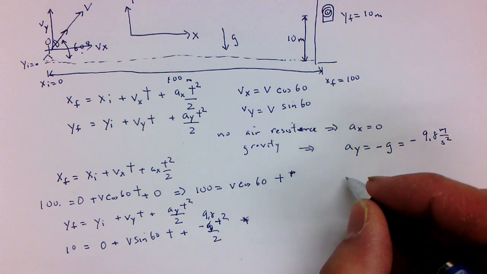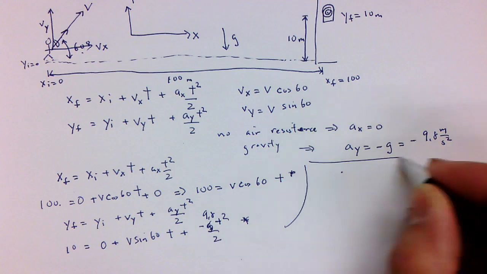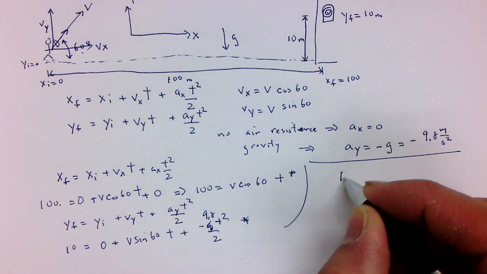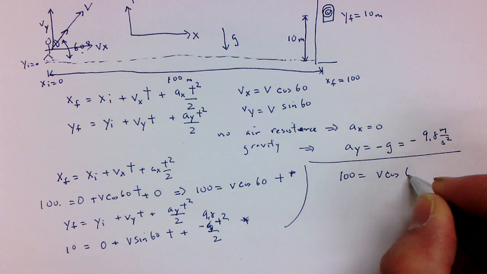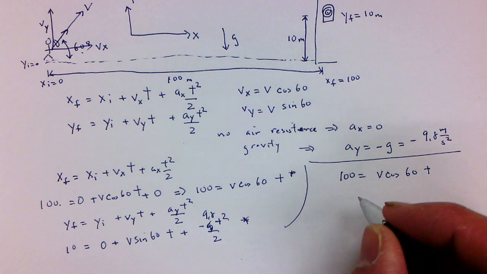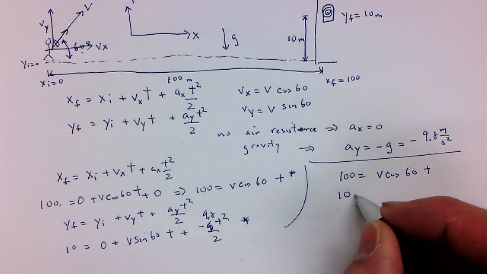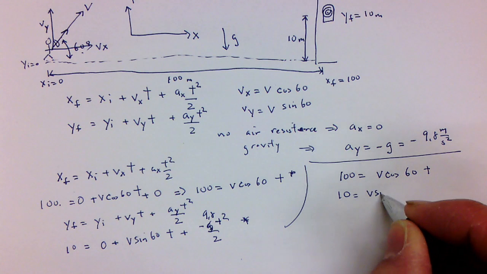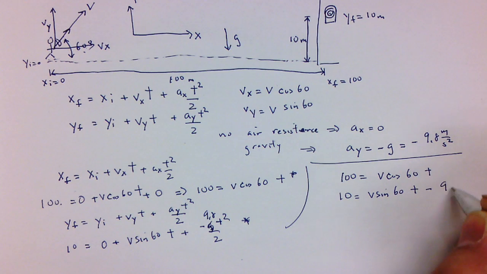Let's write them down one more time. Let's make a little space. So 100 is equal to v cosine of 60 times t. And then the other equation is 10 is equal to v sine of 60 times t minus 9.8 divided by 2 t squared.